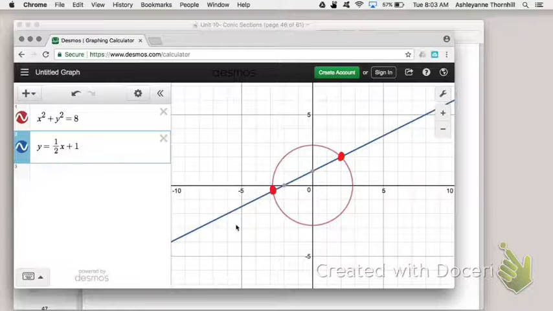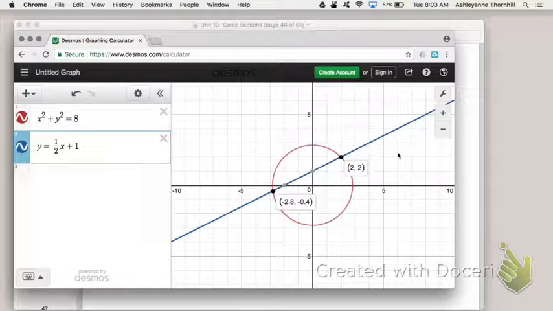One of them looks like an easy ordered pair, that would be 2, 2. The other one is the ugly one at -2.8, -0.4. If you want to write those intersection points down, you can. We're not going to solve it algebraically because of the decimals.